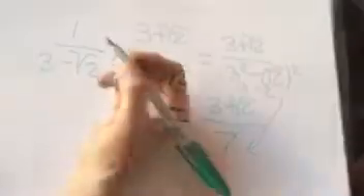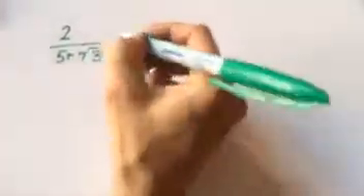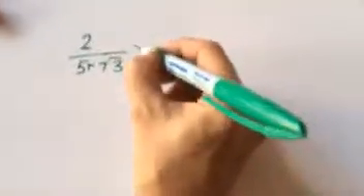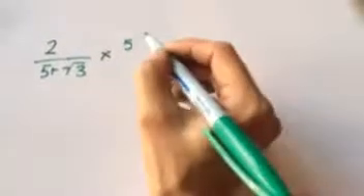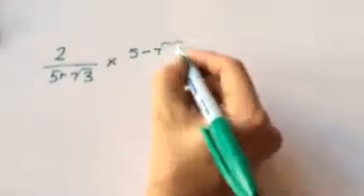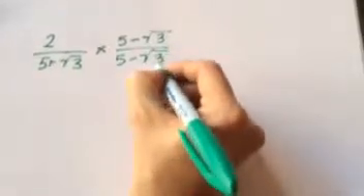So tell me a problem. Let's do the example of 2 over 5 plus the square root of 3. So we multiply the numerator and the denominator by the conjugate of the denominator, which would be 5 minus the square root of 3 over 5 minus the square root of 3.